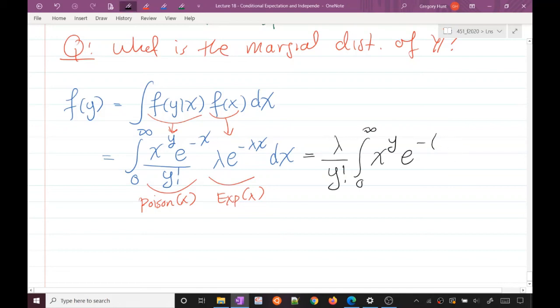I believe that should be what we got. So we have an e to the negative lambda x and an e to the negative x. So we can combine those as e to the negative lambda plus 1 times x.